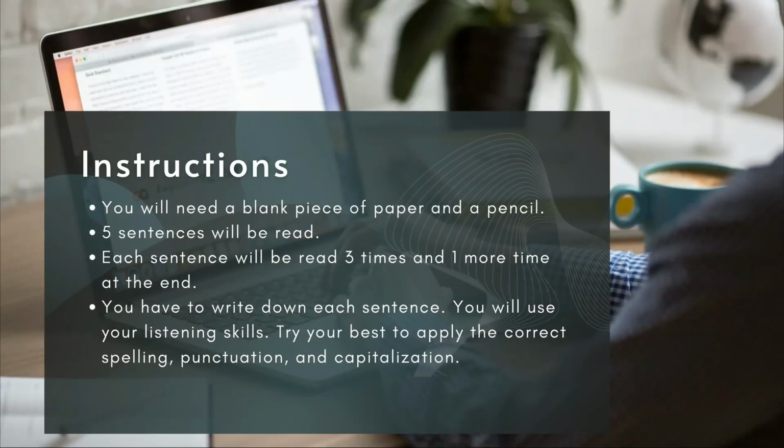You will use your listening skills. Try your best to apply the correct spelling, punctuation, and capitalization. Make sure you remember all of the proper rules related to English, grammar, and spelling. So good luck. Let's get started and try our best.